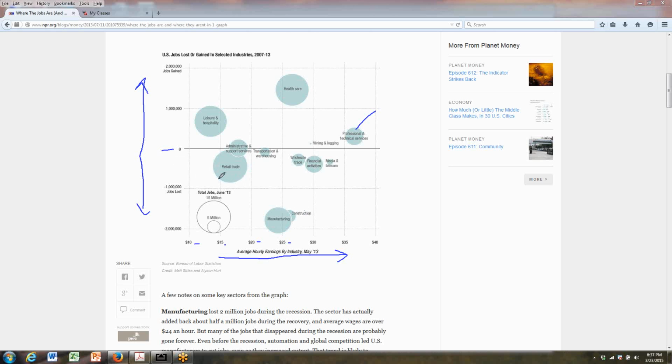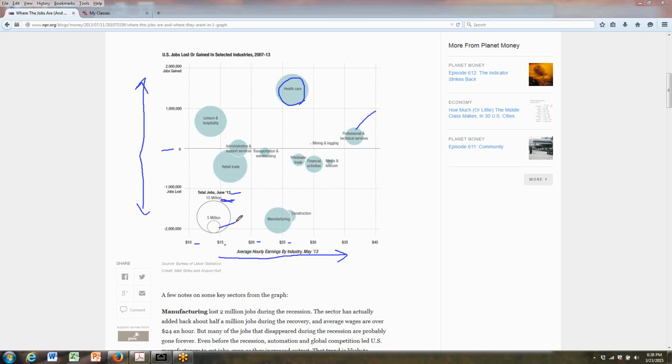Now, the other bit of information it tells us is the size of the circle. So the size of the circle, like this healthcare circle, tells us the bigger the size of the circle, the more jobs you have. So it tells us the current jobs as of June 2013. So notice that big circle down there is 15 million and the small circle is 5 million.